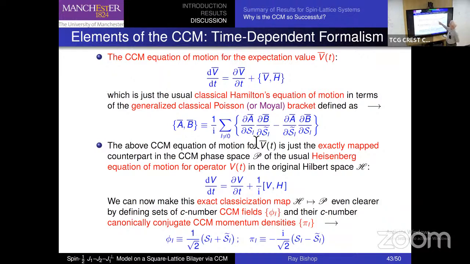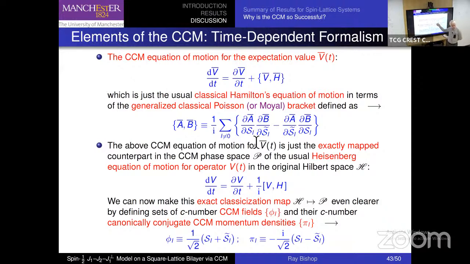And this guy is nothing more than a generalized Poisson bracket. If you only had x and p, that's the standard terminology for a Poisson bracket. It's the curly bracket, and it would just be the Poisson bracket for two c-numbers A and B: dA by dx dB by dp minus dA by dp dB by dx.